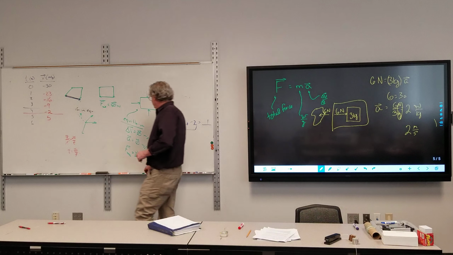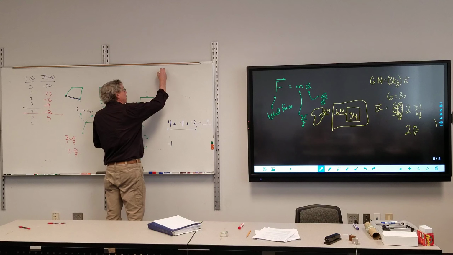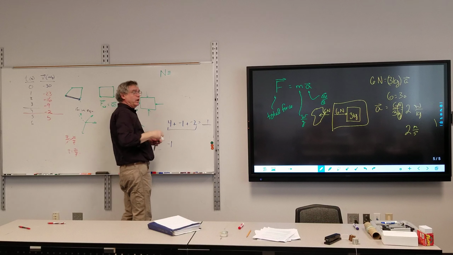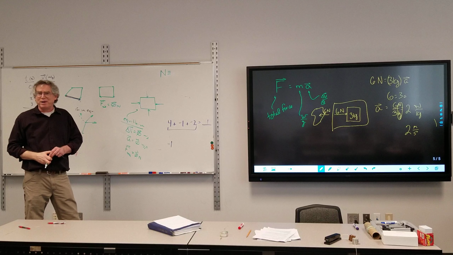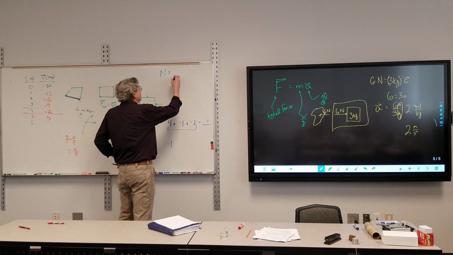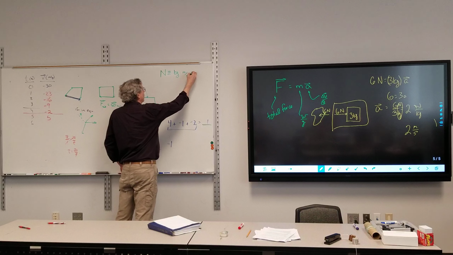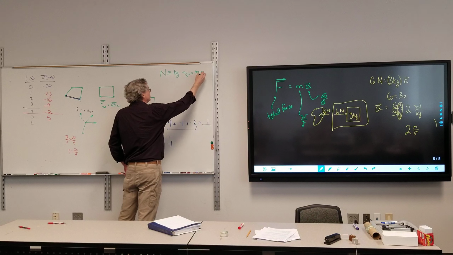Well, a newton is what's called a derived unit. The 3 lines of equal signs there mean it is true by definition. A newton is a kilogram times a meter per second squared, or I could write it as kilogram meter per second squared.